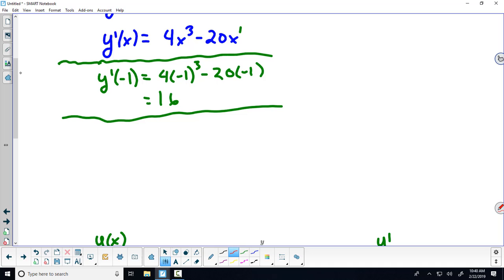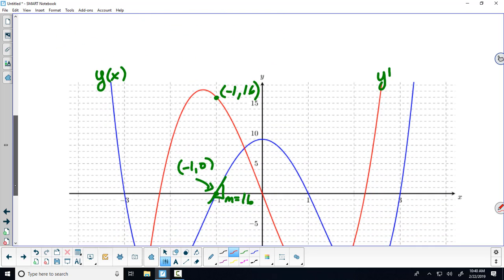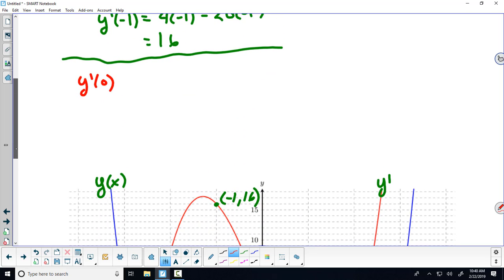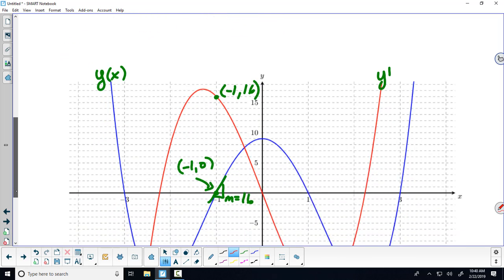Do I want to take y prime of 0? Is that what I want to do? Let's stop and think about that for a second. It's a really good guess. But what does this give me? It gives me the slope of the tangent line when x is 0, right? That's going to work out because the slope of the tangent line there is 0. But it wouldn't give me all the places.